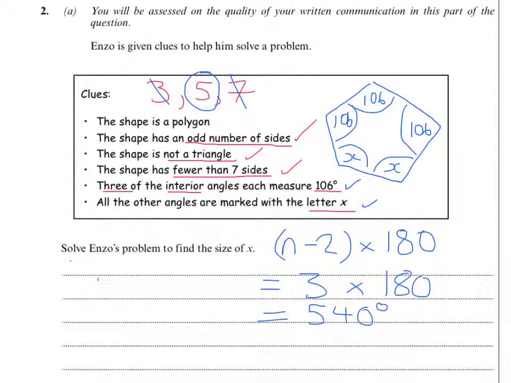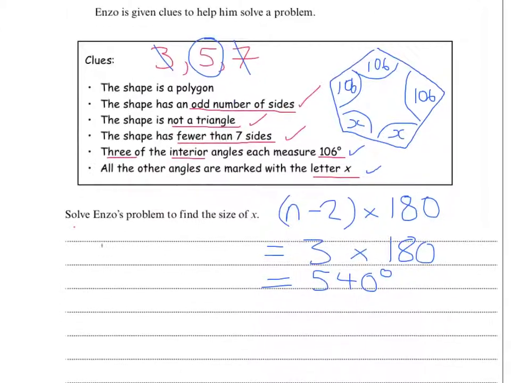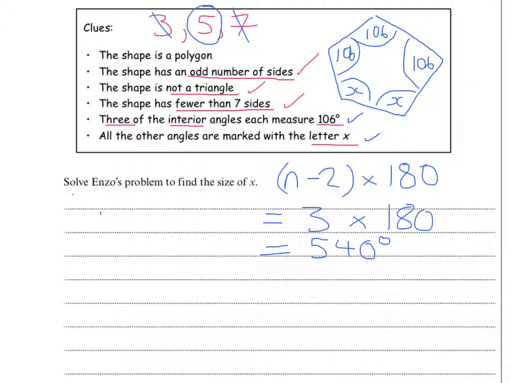What I'm going to do then is add up all the angles that I've got so far. I've got my 106, my 106, and my 106. Then if I add on my 2 x's, they should also add up to my 540 degrees.